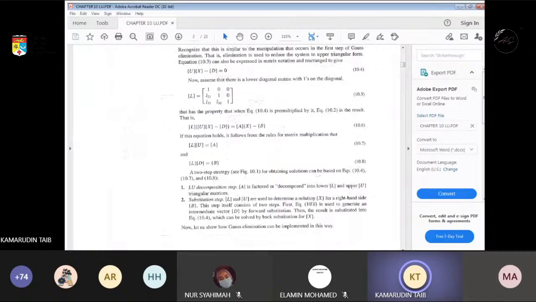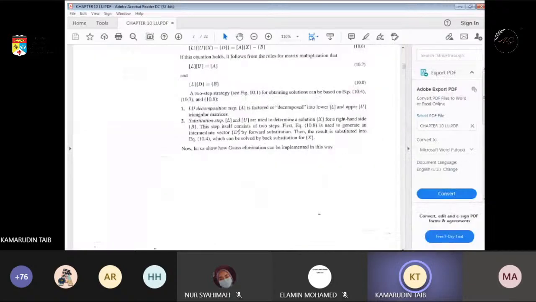Now let's show how Gauss elimination can be implemented in this way. So this is the flow chart involved in LU decomposition. First, A is decomposed into upper and lower triangular matrices. We call it the decomposition process.